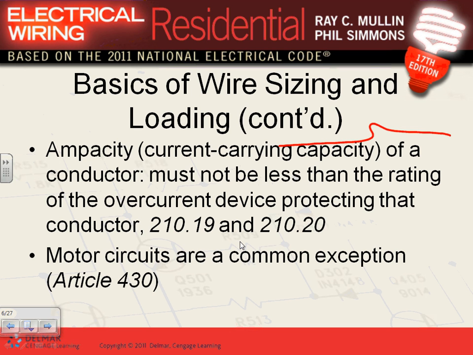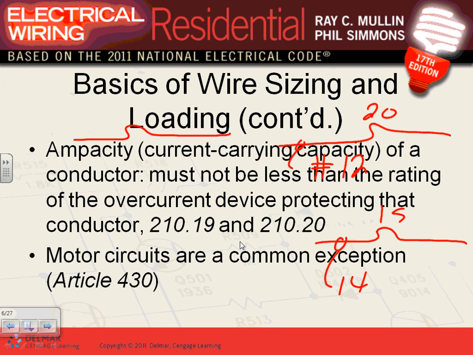Here's my overcurrent protection device, 20 amp. You and I know what conductor we need with 20 amps: number 12. If my overcurrent device is 15, what wire size do I need? Typical residential, guys: number 14. I have an overcurrent protection device of 30 amp. What conductor do I need with this? Number 10.